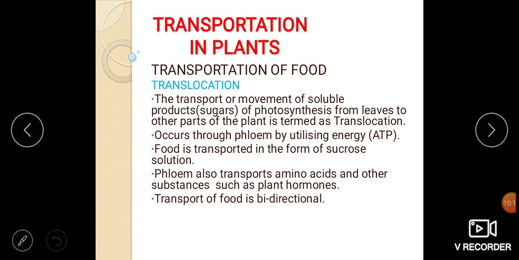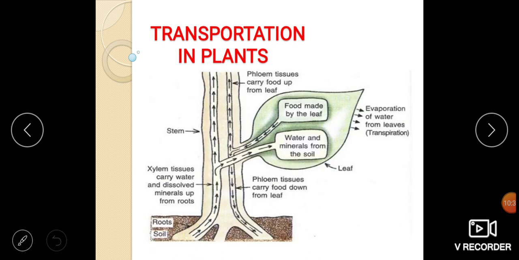Second, the phloem also helps in the transport of amino acids as well as plant hormones. I've already mentioned the direction: the transport of food or substances through the phloem occurs in both directions. This transport is bi-directional.